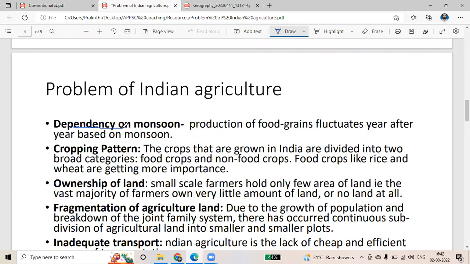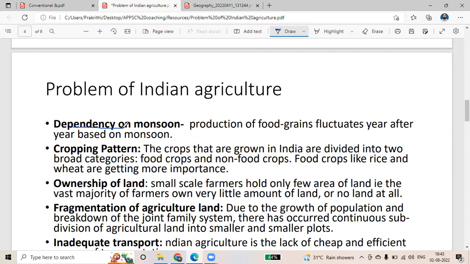Some areas are where agriculture is not possible with rain or precipitation. That is mostly the northwestern part of India. The remaining area mostly depends on the monsoon.